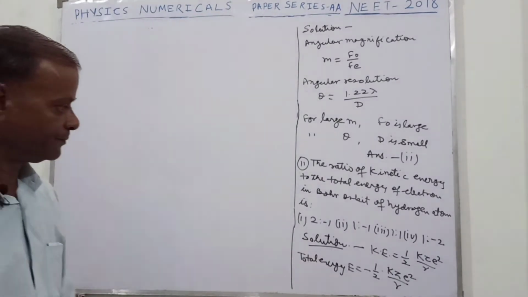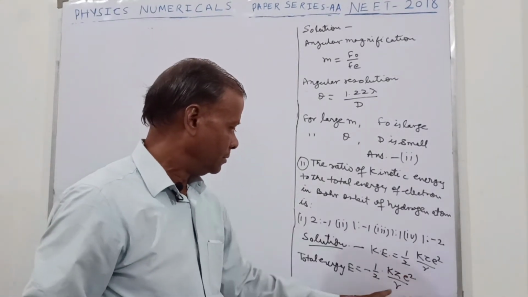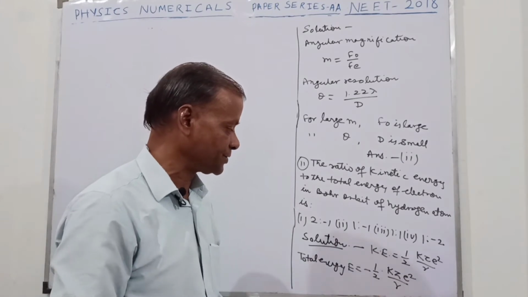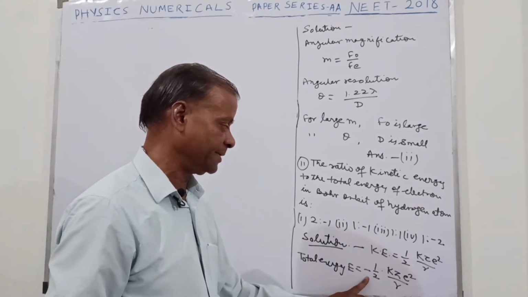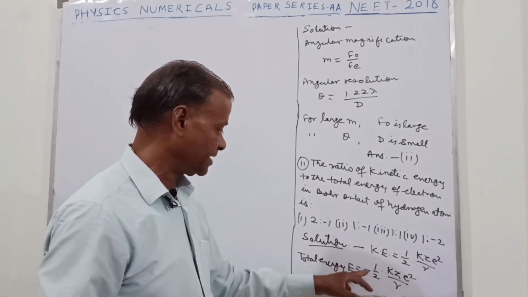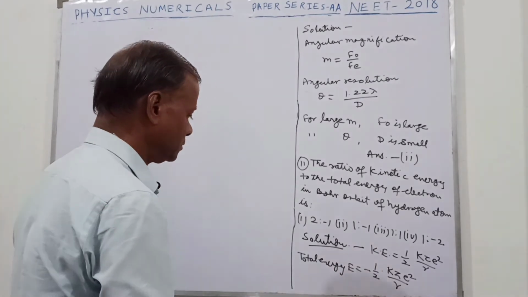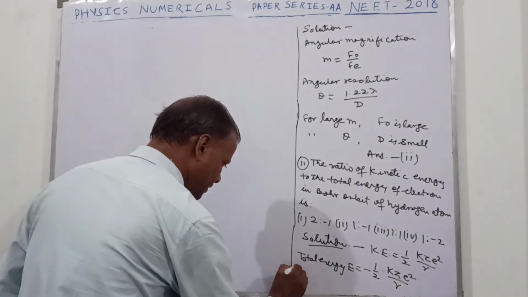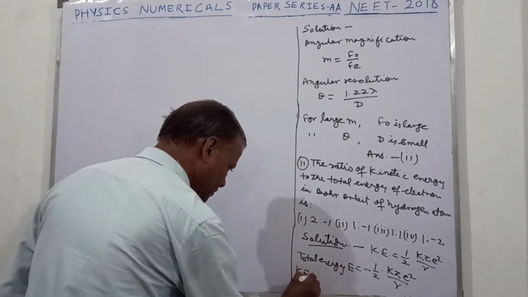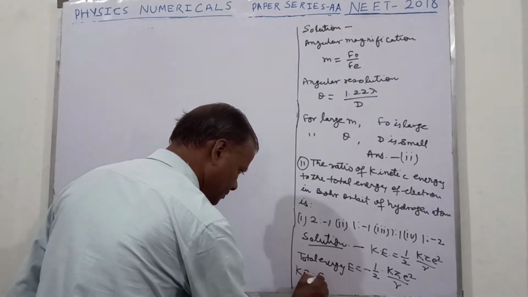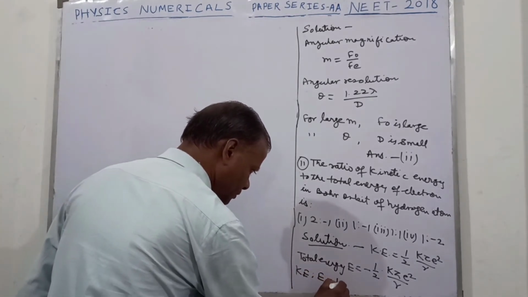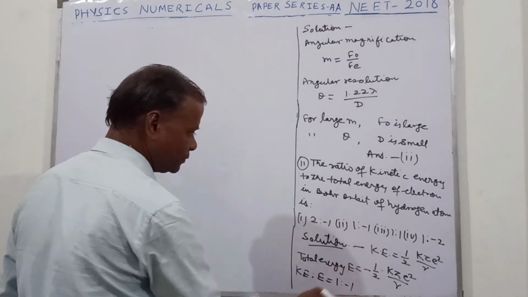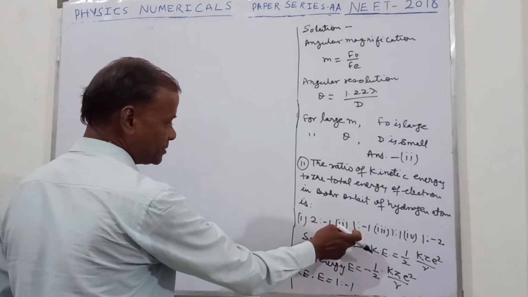Now you can see the expressions for both are the same, with a difference only in the minus sign. So the ratio of kinetic energy to total energy is 1:-1. So our option is second.